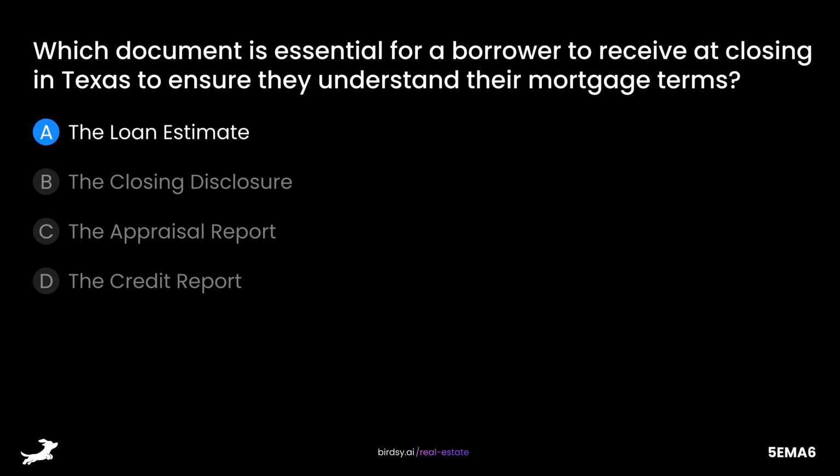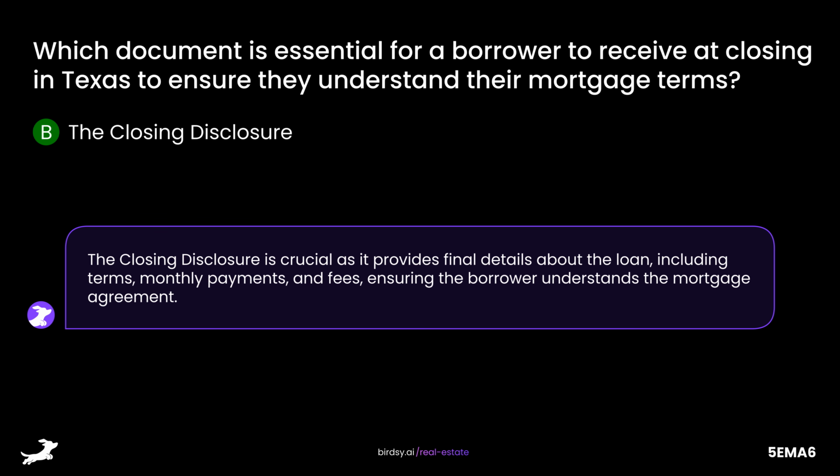Is it A, the loan estimate, B, the closing disclosure, C, the appraisal report, or D, the credit report? The answer is B, the closing disclosure. The closing disclosure is crucial as it provides final details about the loan, including terms, monthly payments, and fees, ensuring the borrower understands the mortgage agreement.